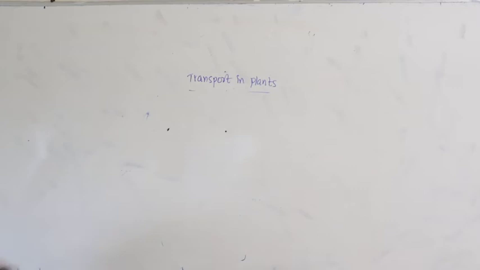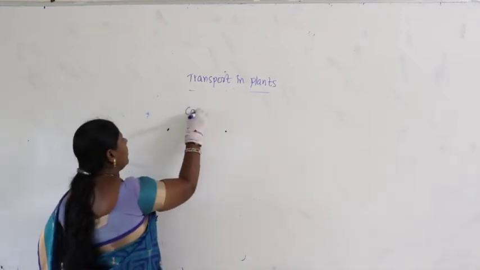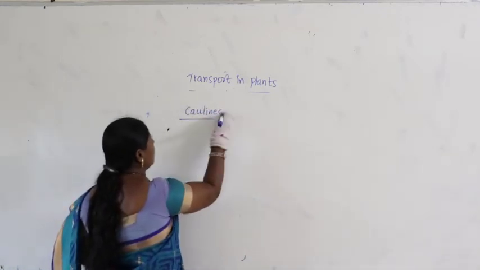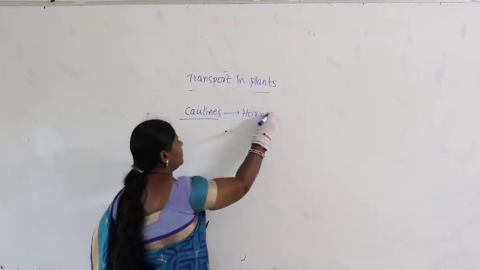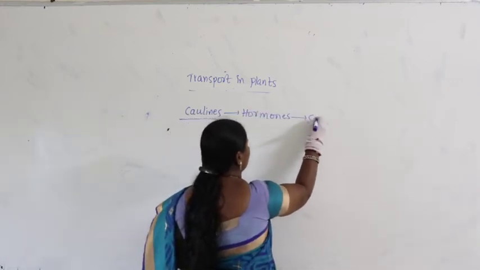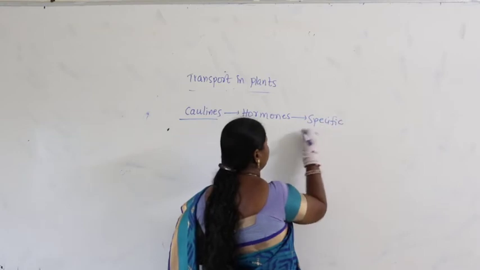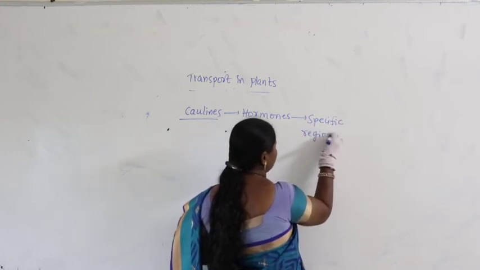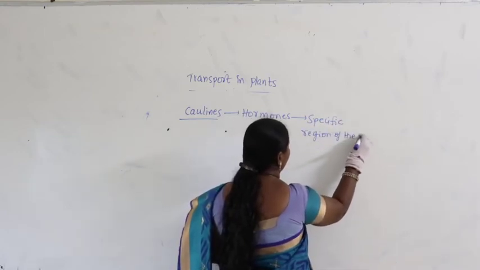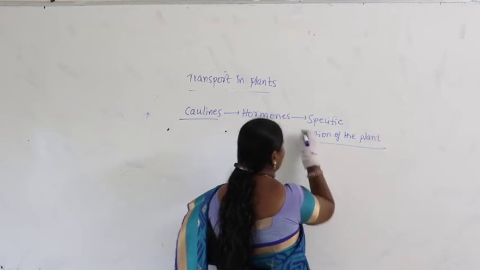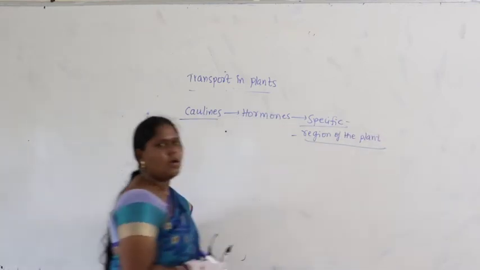So, apart from this, even you can write cytokinins are also hormones which are found in a specific region of the plant. Okay.